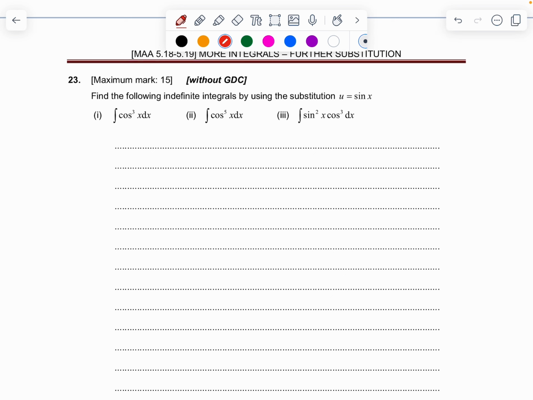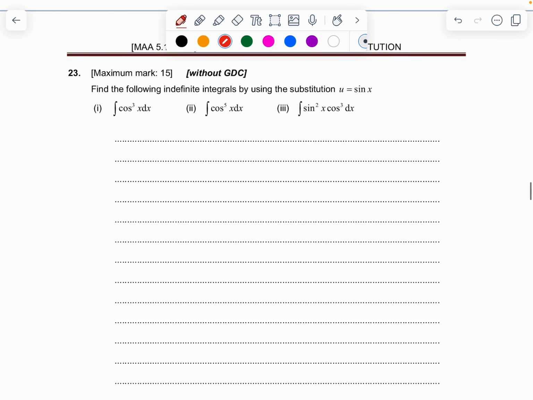Question number 23. u equals sin x, so du equals cos x dx. So cos cube x can be written as cos square x times cos x dx.